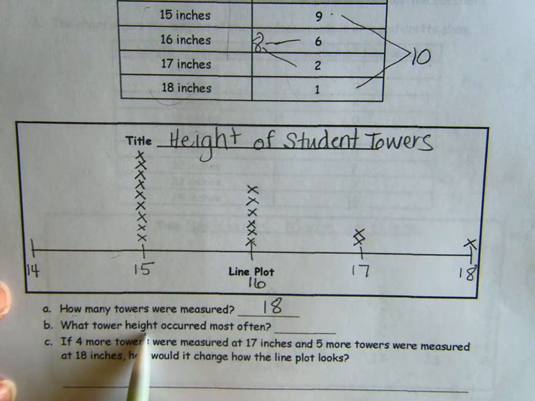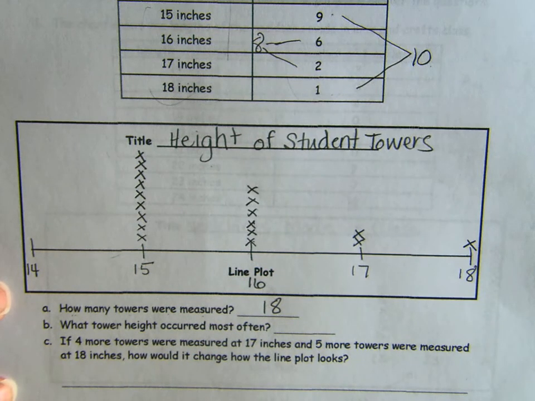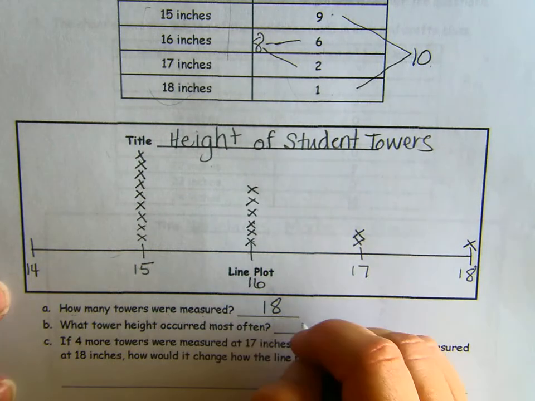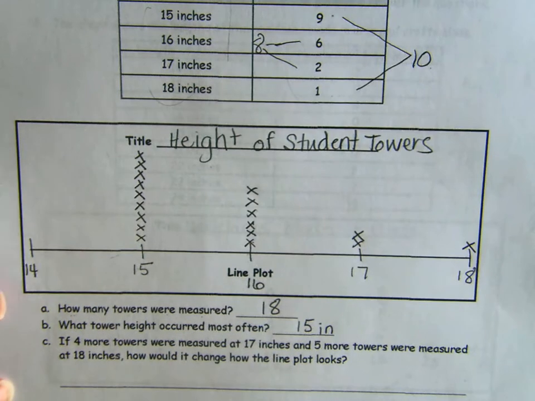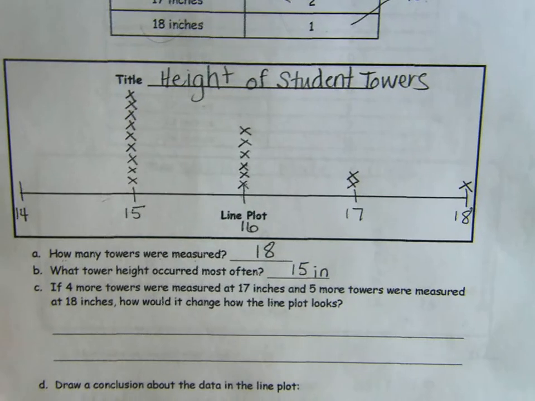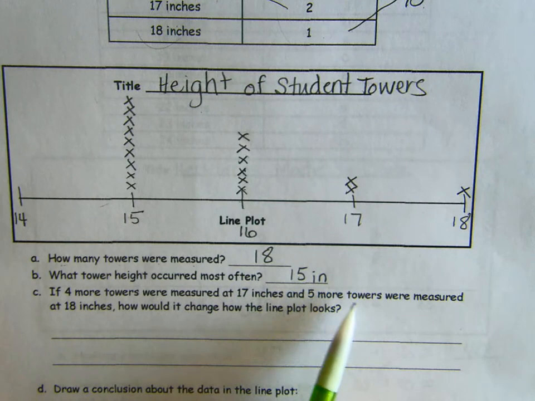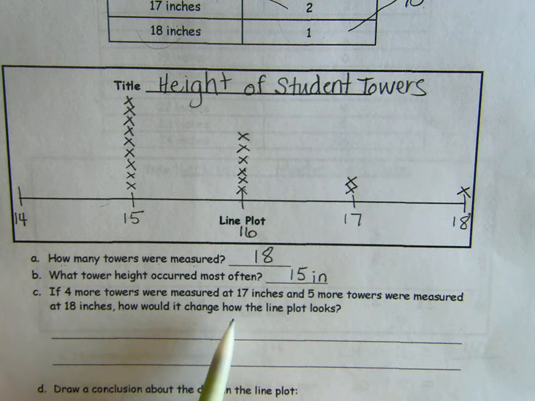What tower height occurred most often? That's right, 15. Look at it up there. 15 inches. All right, this next one, a little bit complicated. If 4 more towers were measured at 17 and 5 more towers were measured at 18, how would it change how the line plot looks?